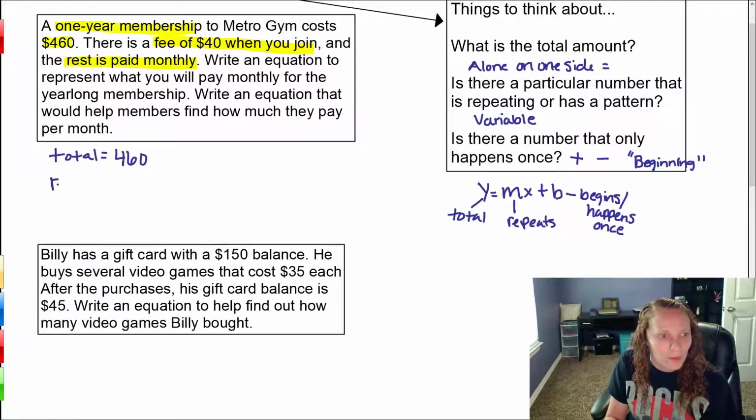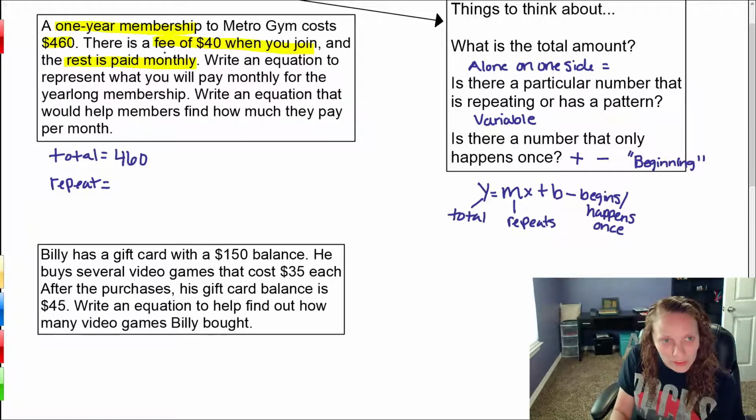The number that repeats over and over would be like their monthly fee. Now we don't know what they're paying monthly, but this word monthly is helping us out, and knowing that this is for 1 year is very helpful.